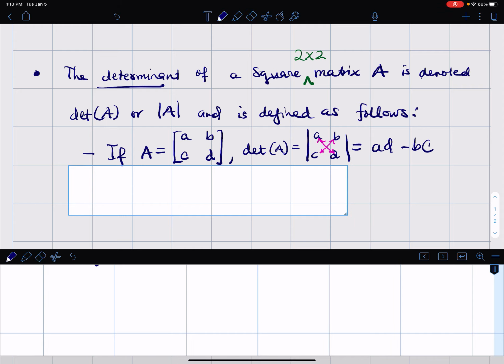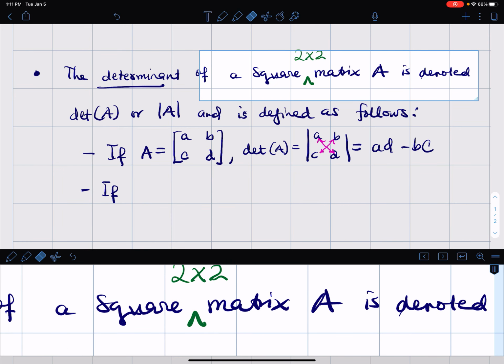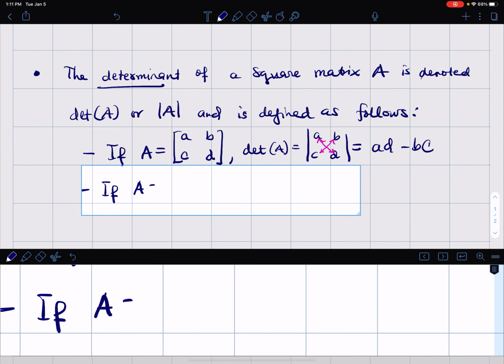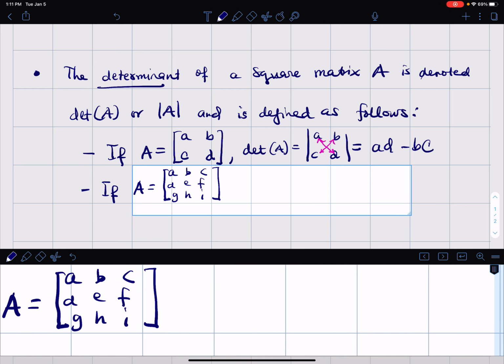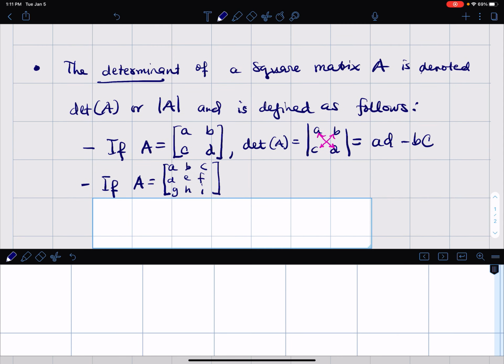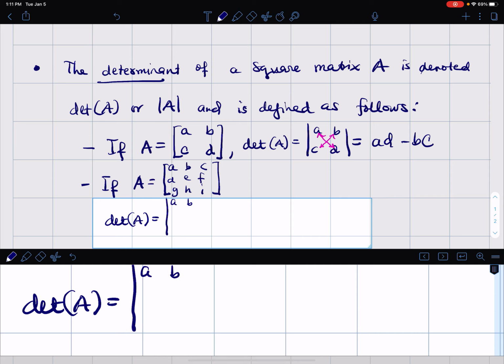So if A is the matrix with entries a, b, c, d, e, f, g, h, i, then I'm going to write the determinant of A this way, with a, b, c, d, e, f, g, h, i.